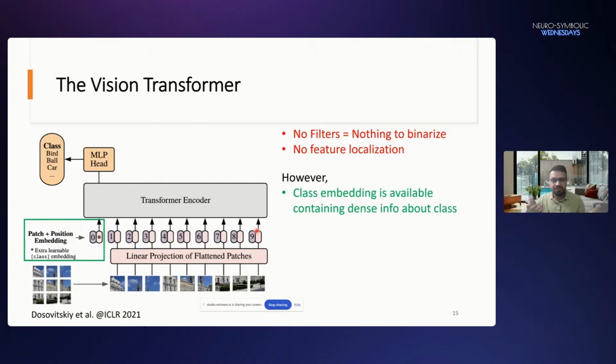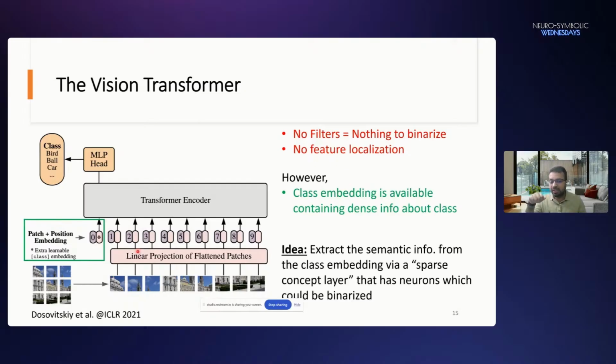So the interesting thing here is that we have this class embedding vector available, and it has all the information we need.